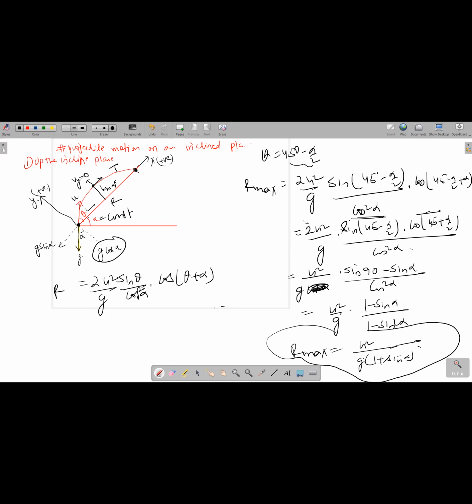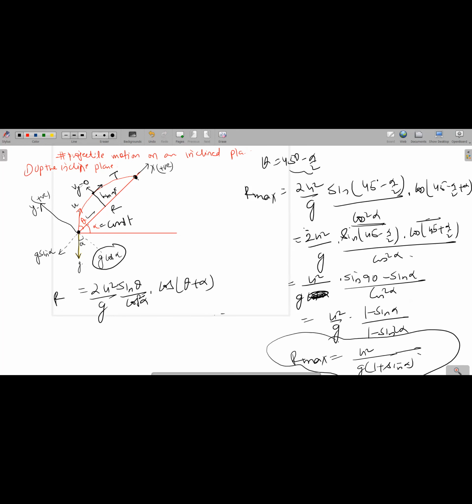You have to remember this. If you can remember that, it will be good. Note it down. So on an inclined plane, up the plane, theta should be 45 minus alpha by 2, and R max will be u square upon g, 1 plus sine alpha. Now I'll talk about down the plane.